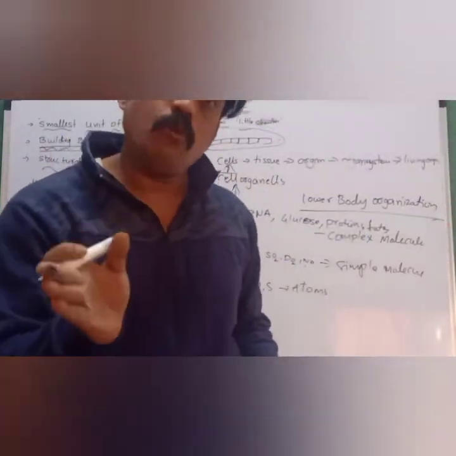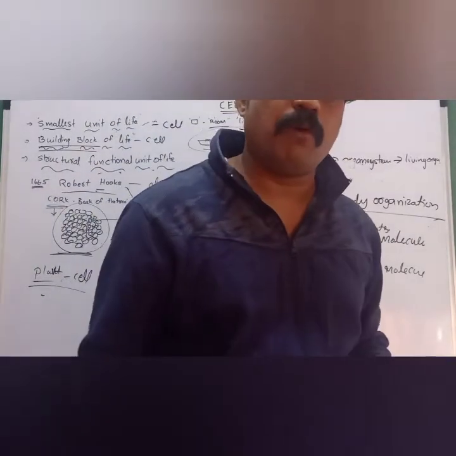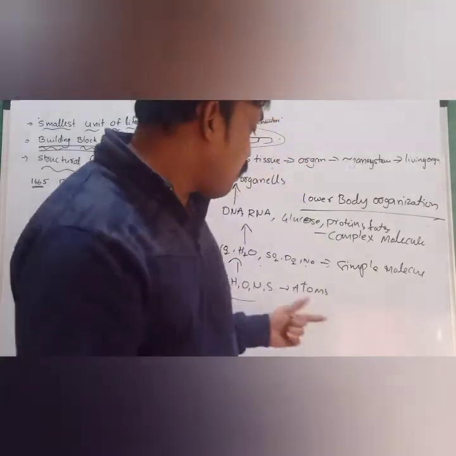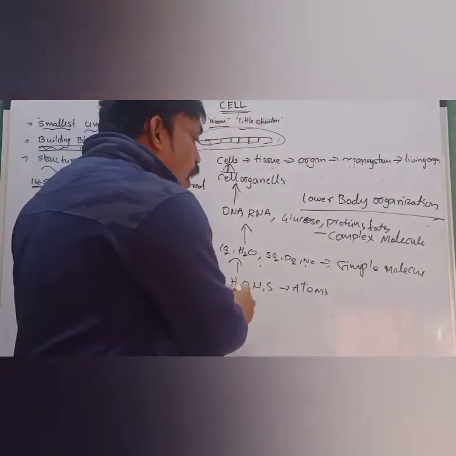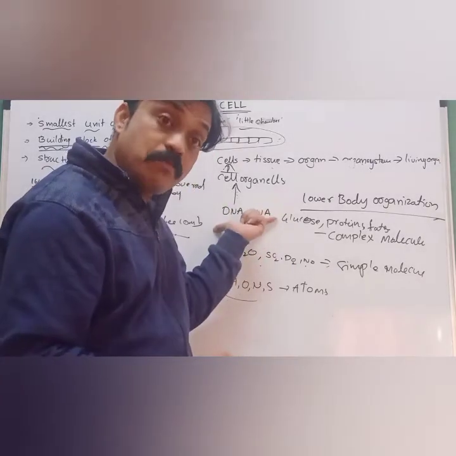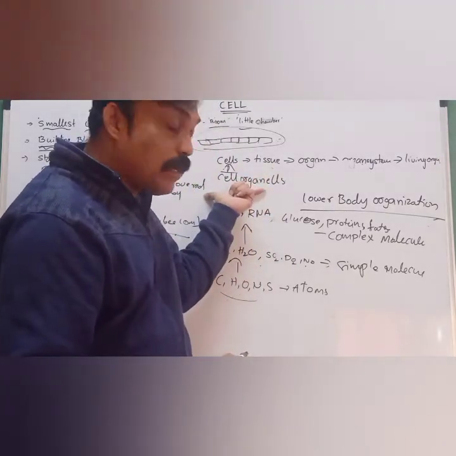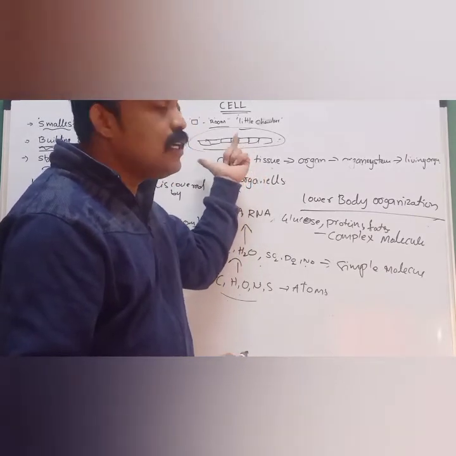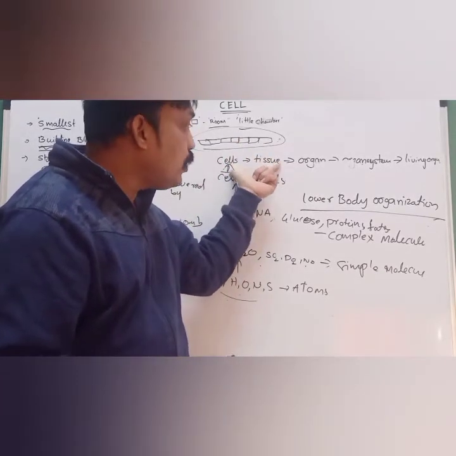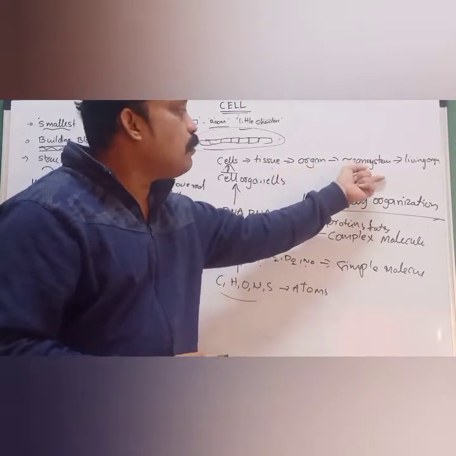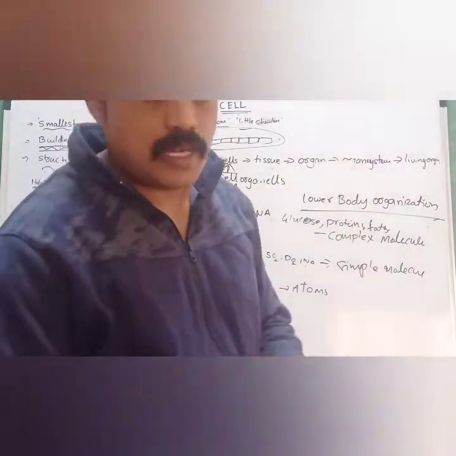Okay, how are these organ systems made up? Organ systems are made up of cells. How are these cells made up? Cells are made up of atoms combined into molecules, combined into complex molecules, combined into cell organelles, all cell organelles combined into cells, groups of cells combined into tissues, combined into organs, combined into organ systems, finally living organisms.